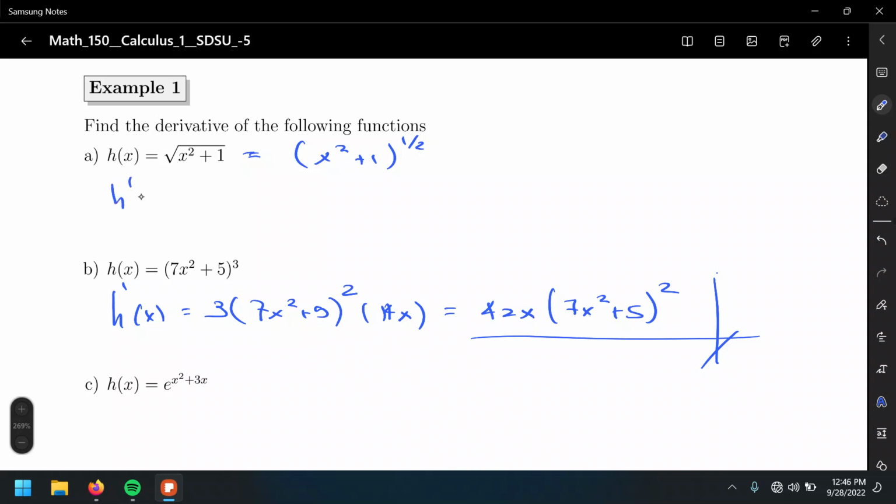h prime, that's number 1, 1/2 times (x squared plus 1) to the 1/2 minus 1. What's 1/2 minus 1? Negative 1/2. Keep the inside intact. And now multiply by the derivative of the inside. What's the derivative of x squared plus 1? 2x.